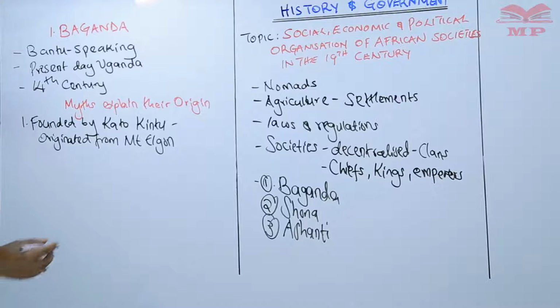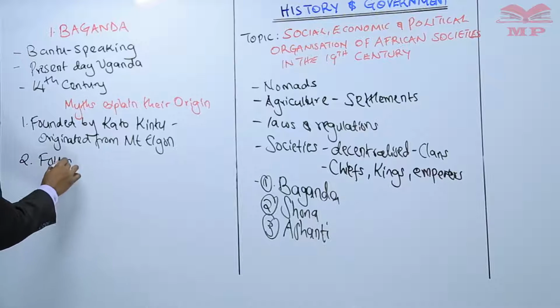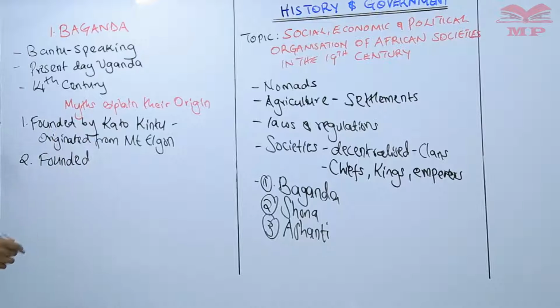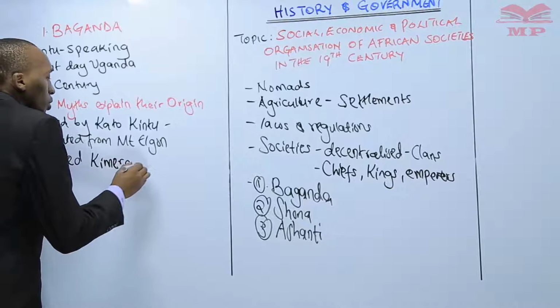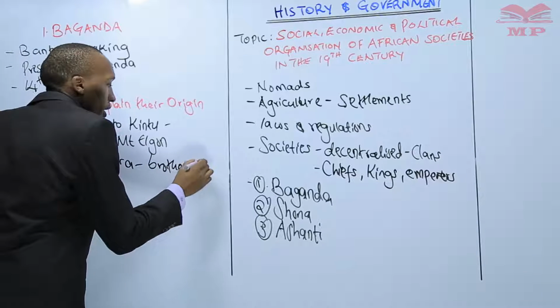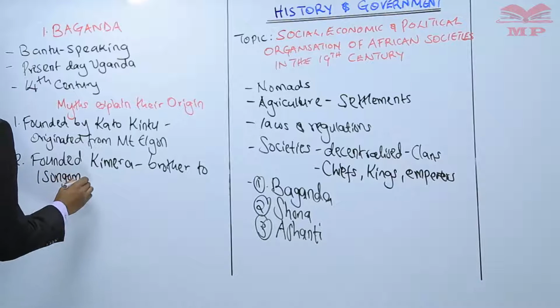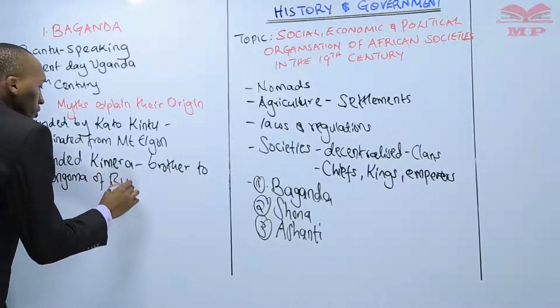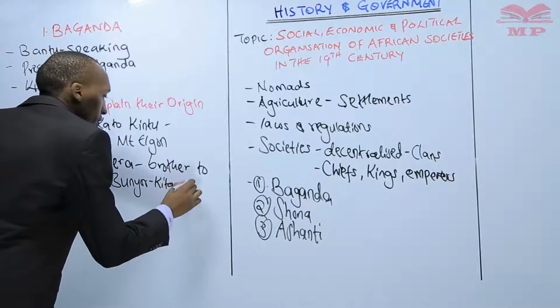The other myth says that the Buganda Kingdom was founded by Chimera, who is believed to be the brother to Isongoma of the Bunyoro Kitara Kingdom.